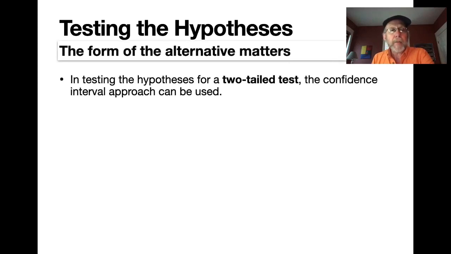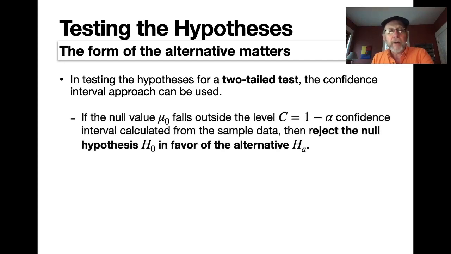In testing the hypotheses for a two-tailed test, we know that the confidence interval approach can be used. So if you're at a 5% significance level, you would compute a 95% confidence interval, and you would see whether the null value, the value for mu that's in the null hypothesis, is in that confidence interval or not.